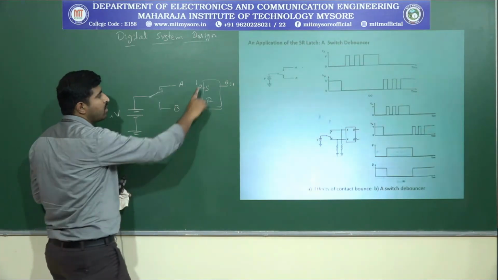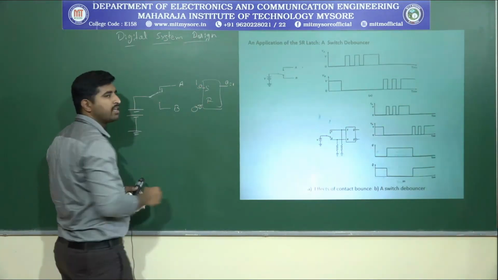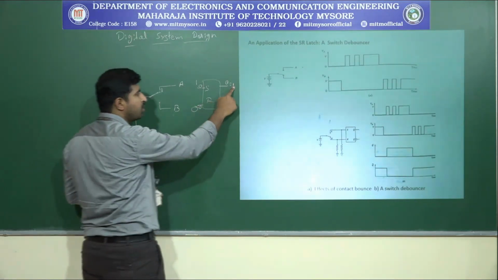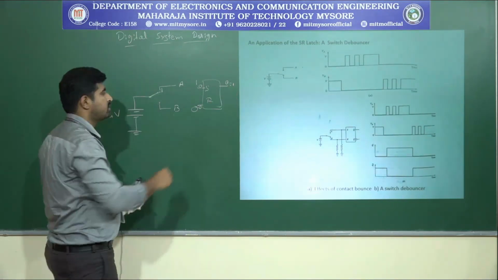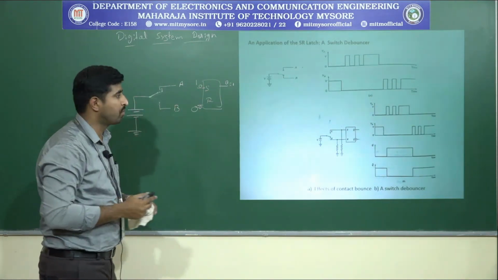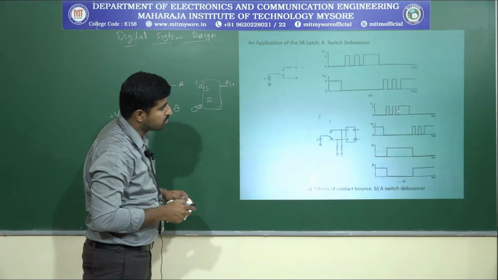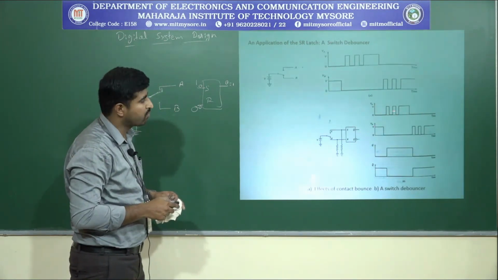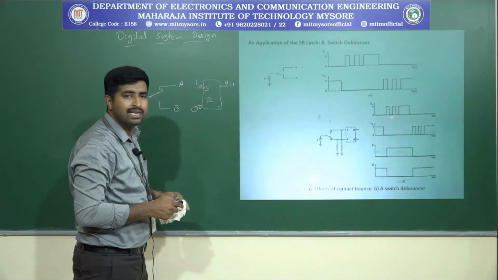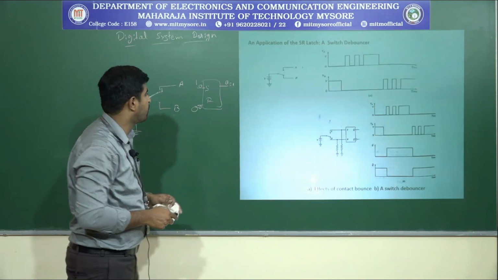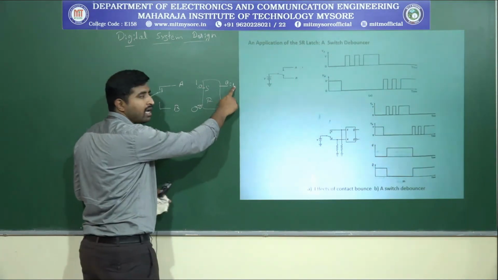When these inputs are 0 0, the latch maintains the previous output, so Q is maintained. Like that, we avoid the switch bouncing action. Without a flip flop, the output would bounce 1 0 1 0, but here there is no such case, and it always maintains a 1.